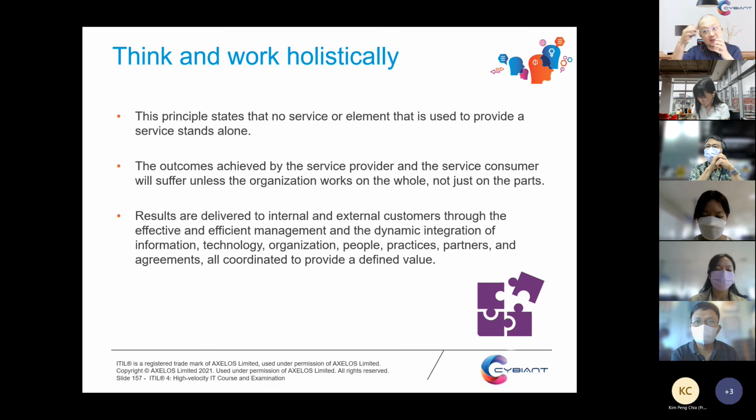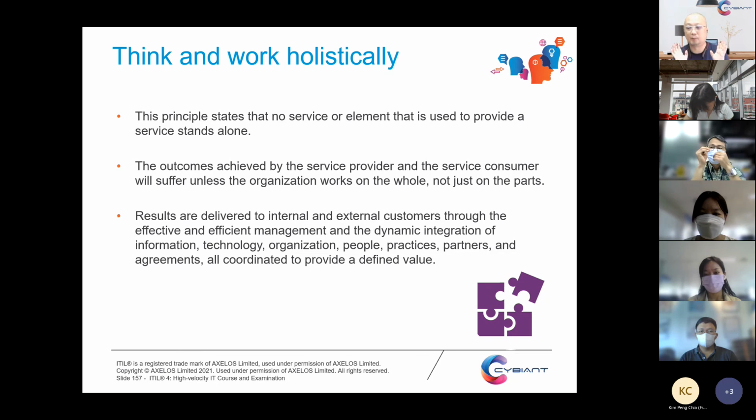What's the impact to the process upstream? When you make that change, you need to consider whether there is any impact at all. Yes, there is. Where is it? Is it upstream? Is it downstream? Or am I creating another bottleneck somewhere in the flow? So think and work holistically. You need to think 3 steps ahead. This is very, very important.